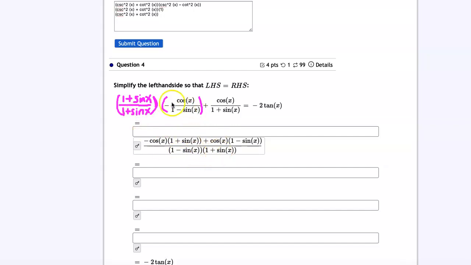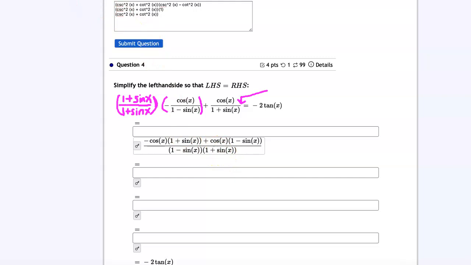And then you see here that this negative is right here, and then I have the cosine x here being multiplied to 1 plus sine x here. Similarly, right here, they would have inputted the 1 minus sine x over 1 minus sine x, and the result would be cosine x times 1 minus sine x, and then your common denominator.